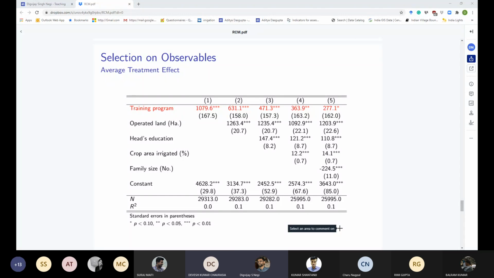See, generally in this literature, the impact evaluation literature, or whenever you are interested in estimating the causal effect, the convention is to not bother about R squares too much. Okay, the reason is this: R squares can also be lower if there is a whole lot of measurement error in agricultural income, right?